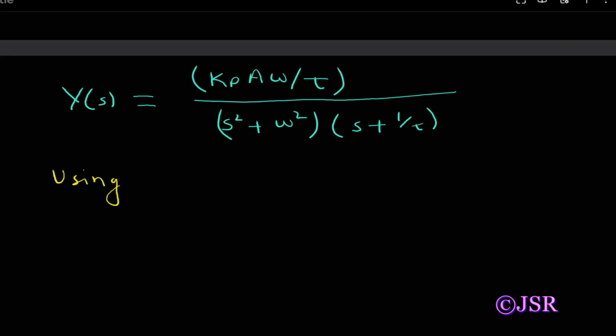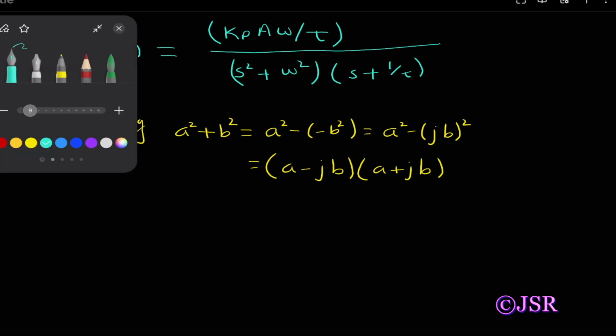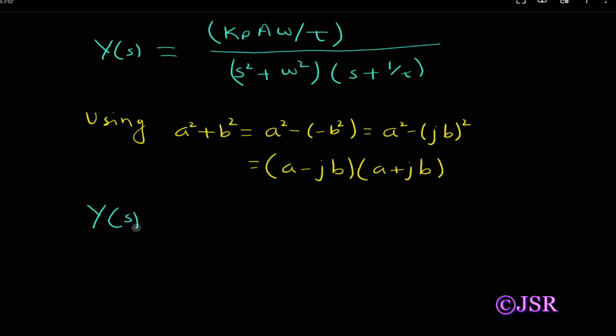Using this formula, a square plus b square equals a minus jb times a plus jb, the s square plus omega square can be written in a similar way.